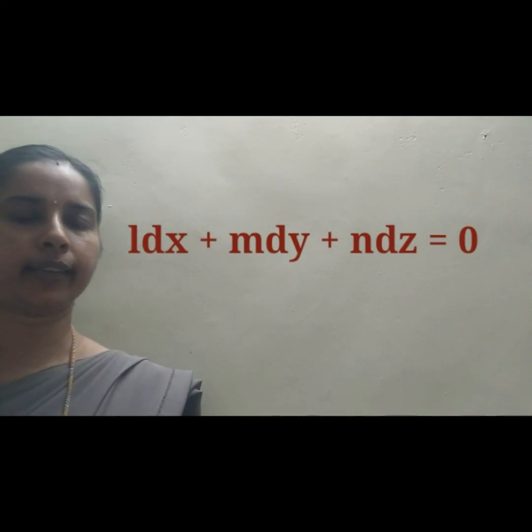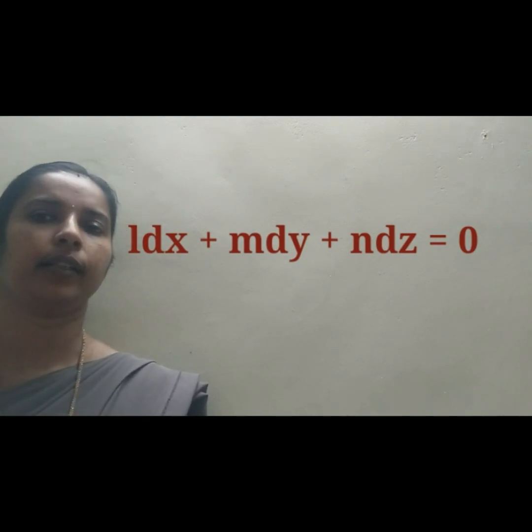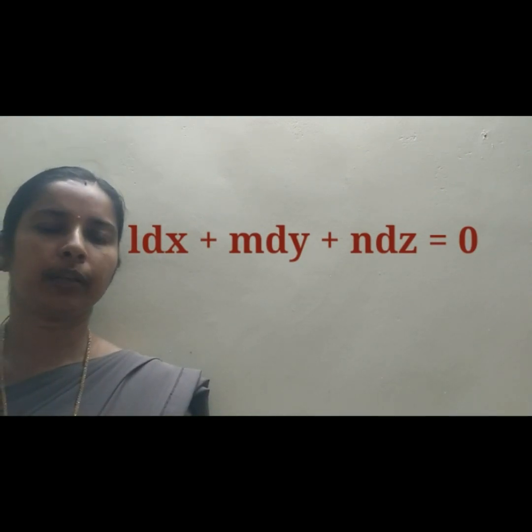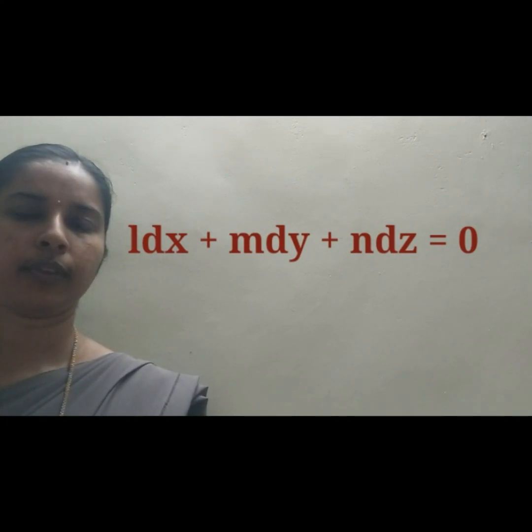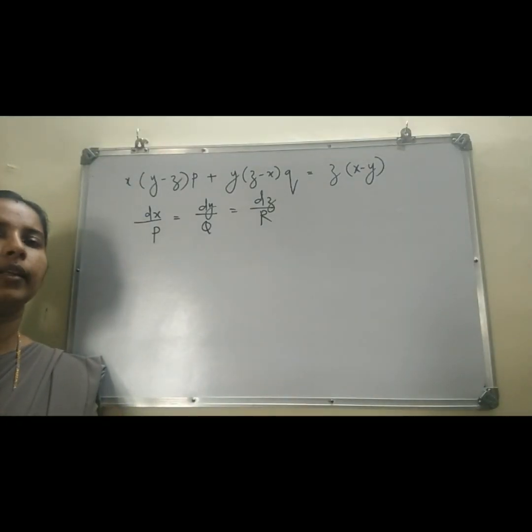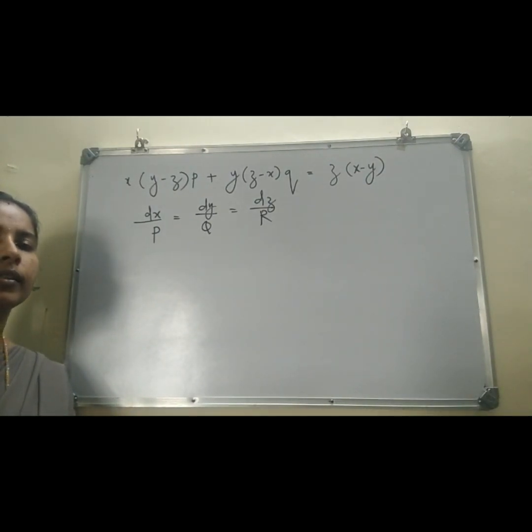Now you solve this differential equation, you will get one solution u equal to C1. Similarly, if you choose another set of multipliers L1, M1, N1, then you can find one more solution of the auxiliary equation.